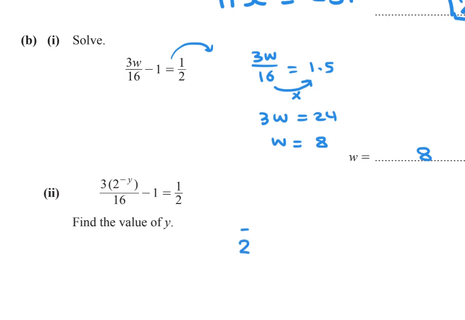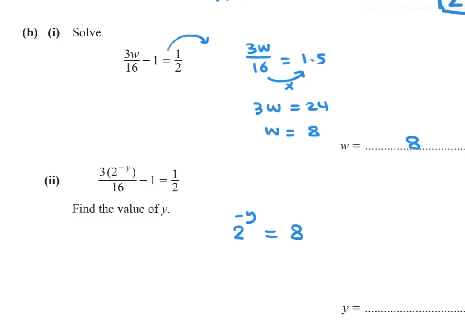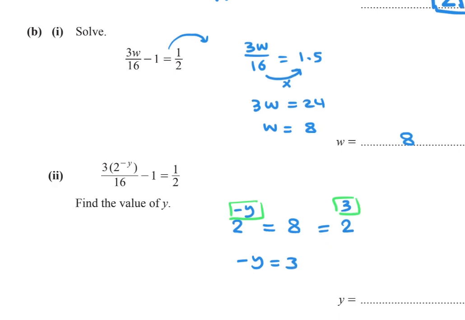Can we make the same base? 8 can be written as 2 power 3, 2 times 2 times 2. If base equals base, then power equals power. So negative y equals 3. Divide by negative 1, so y equals negative 3.